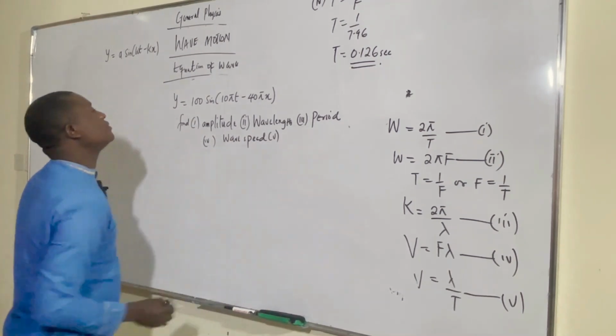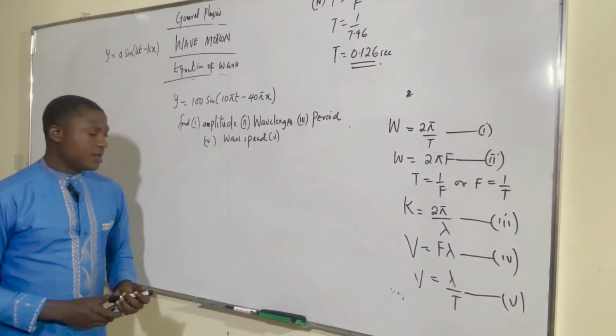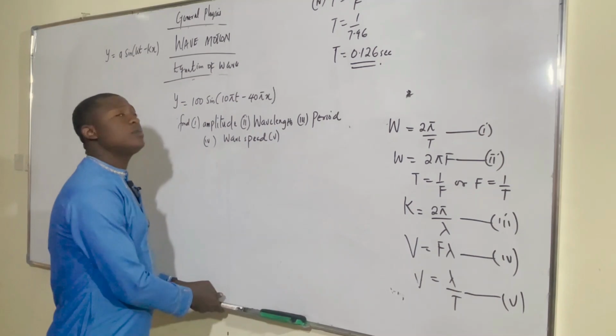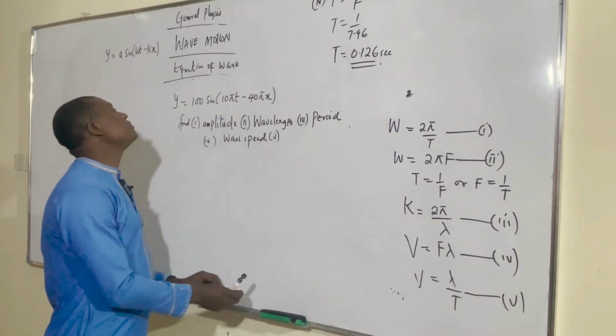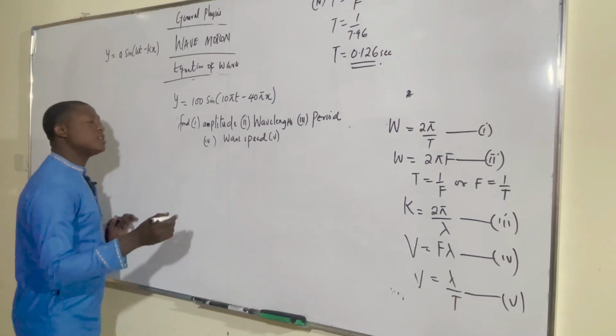If you look at the equation, you can see we have a pi there. Mostly, if you are solving a problem under the equation of a wave and you see a pi there, it means you have to solve the problem in terms of pi.